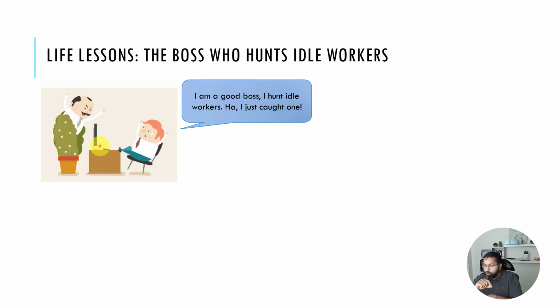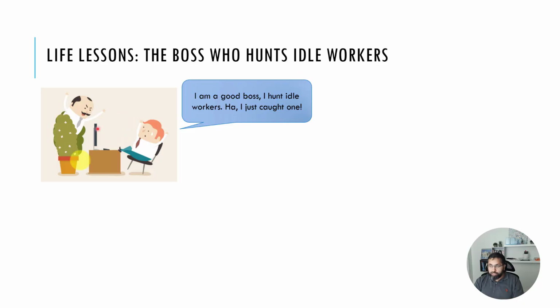They just go around looking over people's shoulders, and that, they think, is all that management is about. Well, that could be a small part of management. That may not even be a good way of managing people. But that's certainly not what management is about. So this boss is hiding in plants, trying to find workers who are idle, and says, I'm a good boss, I hunt idle workers.